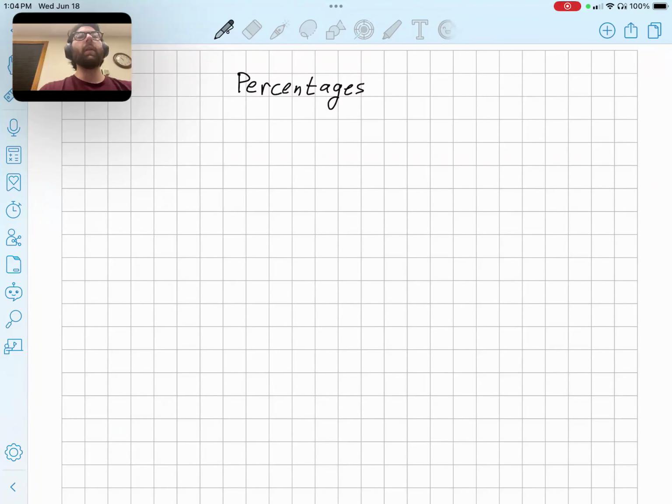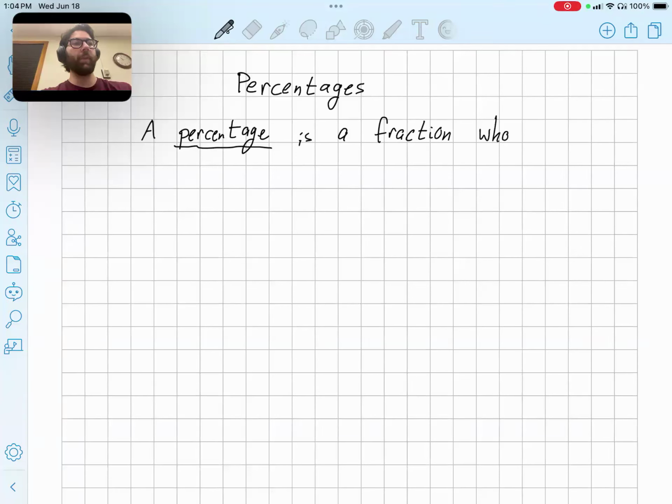And so a percentage is nothing but a fraction whose denominator is 100.